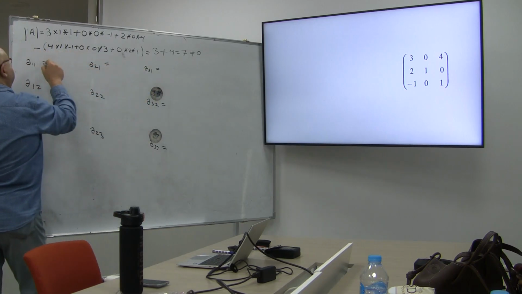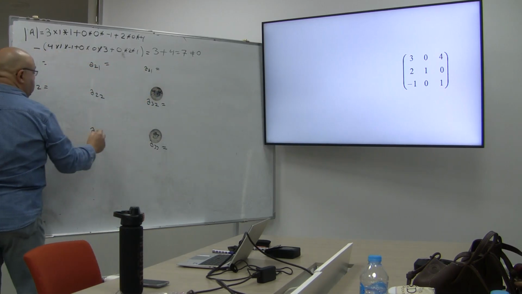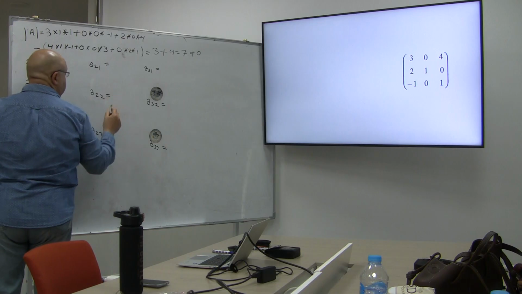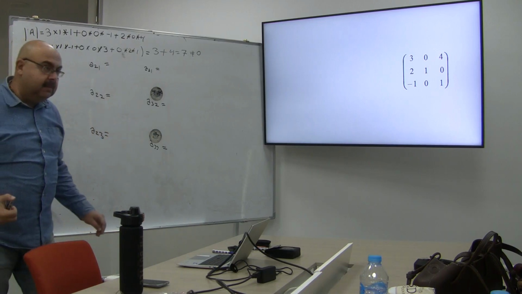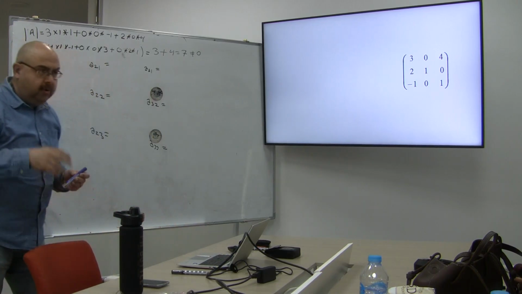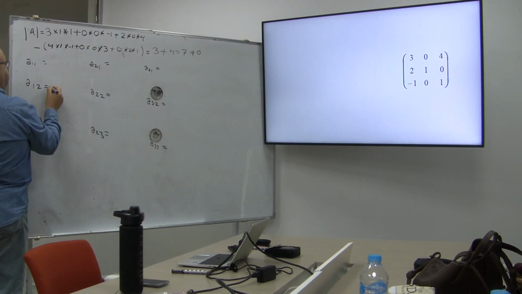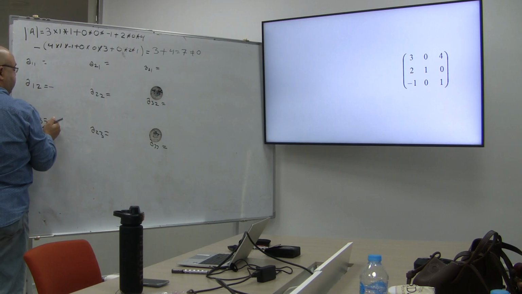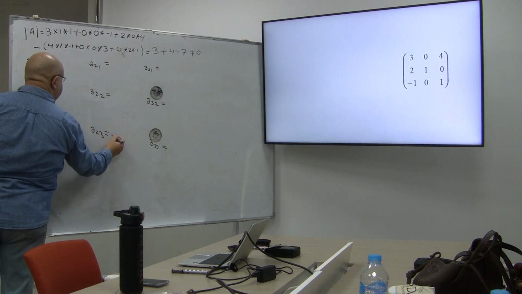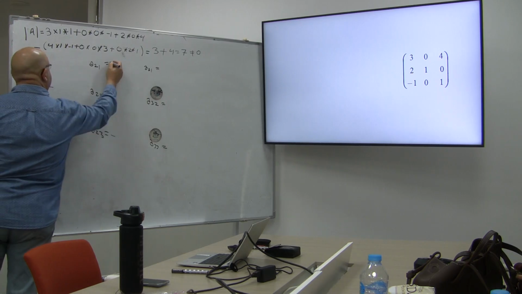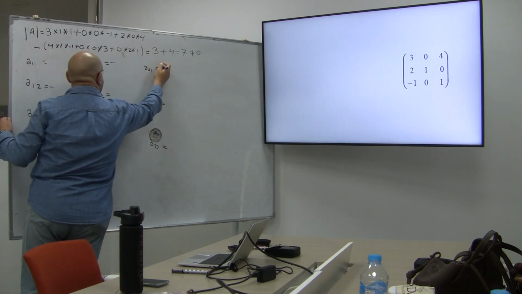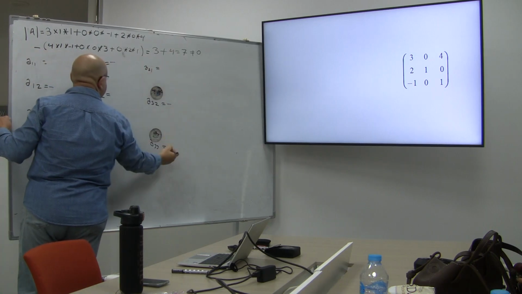and so on. I will start putting the sign rule. The sign rule starts with positive. Then it will go negative, positive, and so on. So I will start positive, then the sign here will be negative, positive, then I will move negative, positive, negative, then I will move positive, negative, and positive.